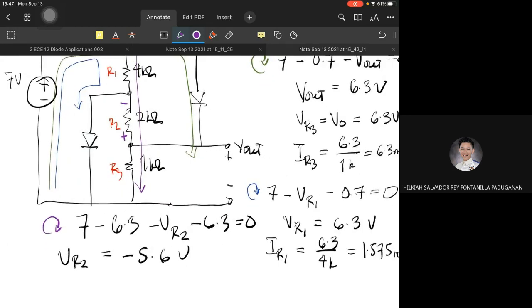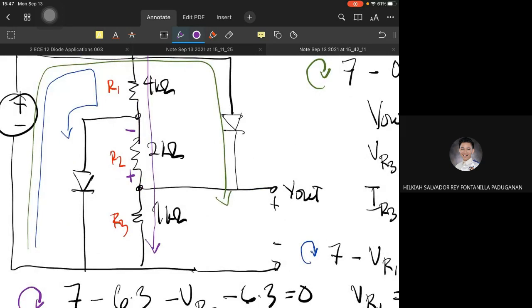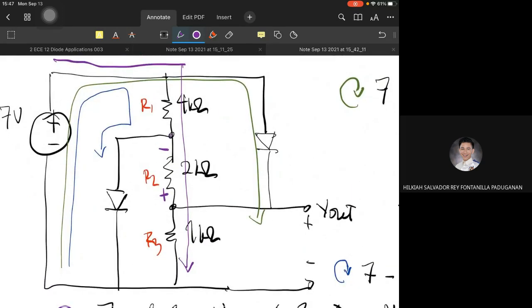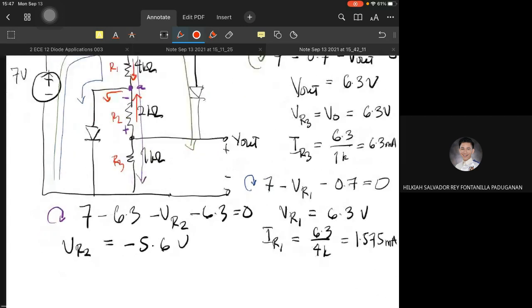Looking at this node, let's name it node A, the current direction goes from R1 toward the diode, and from R2 it goes upward, for it to make sense.